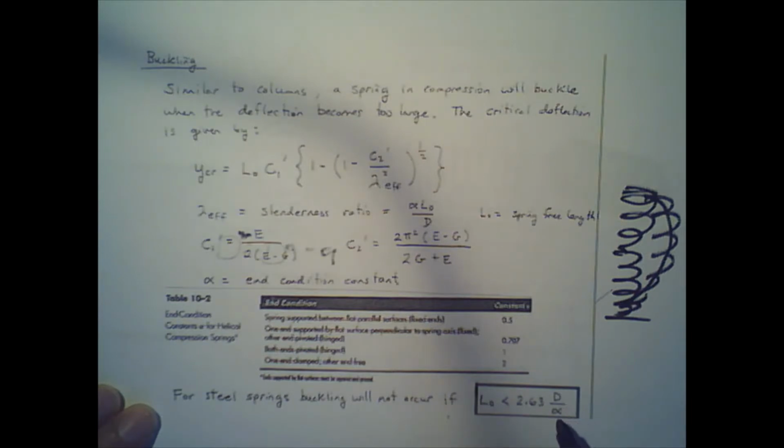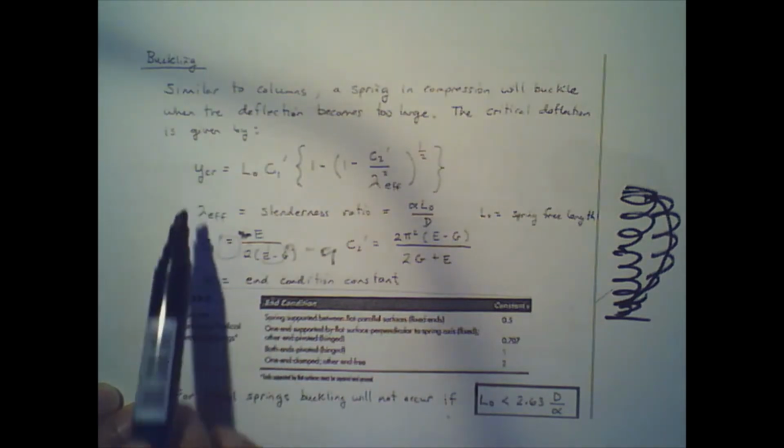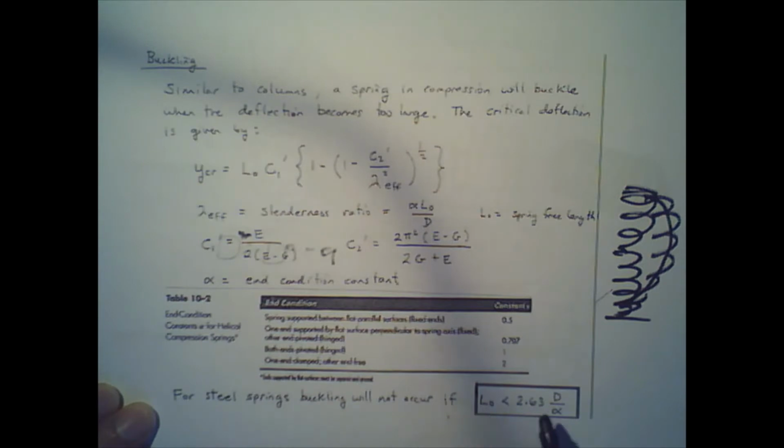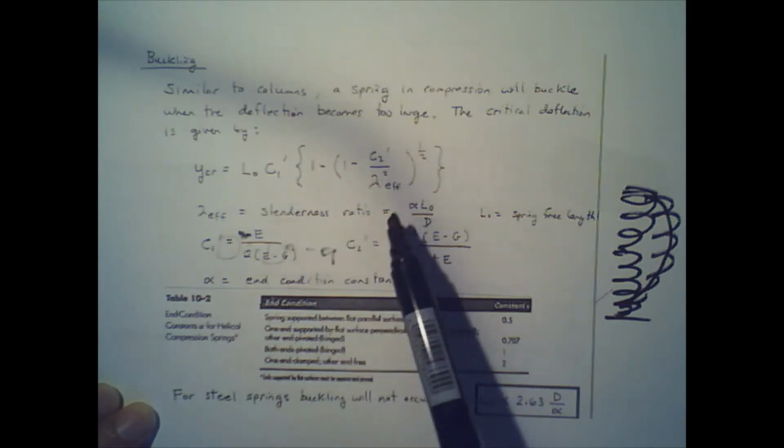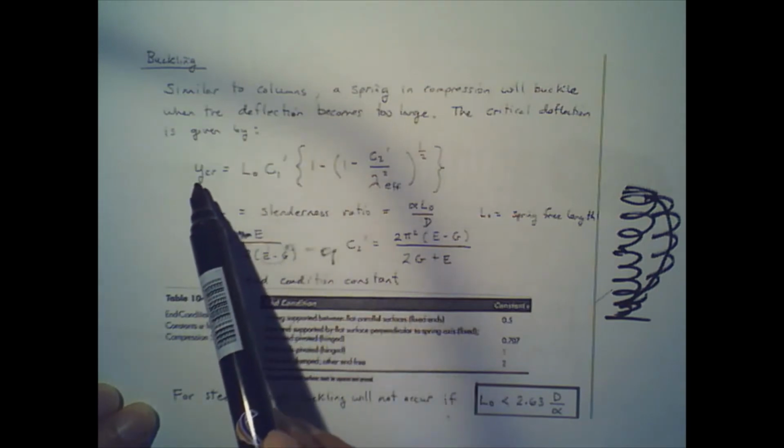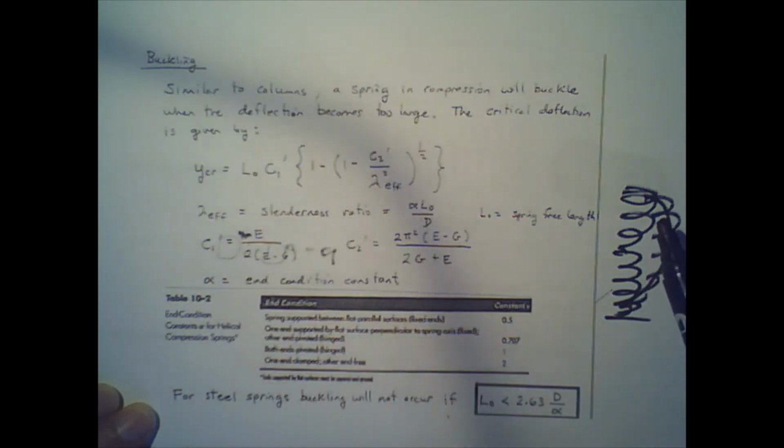To get this value, we have alpha and D, and we also have L0, which is the free length of the spring. This is pretty basic, but if you want more detail, we can get the critical deflection. Even if the spring is tall, this condition will guarantee that it never buckles.